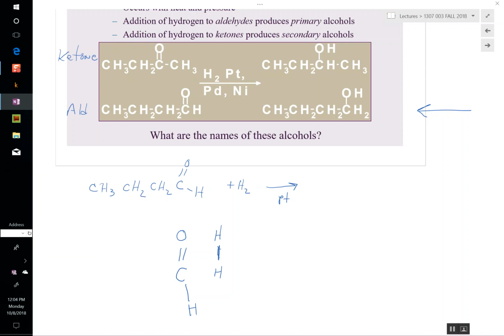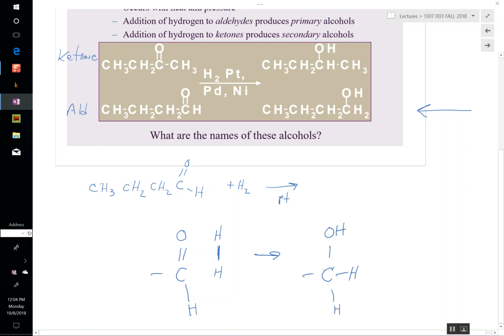And so each one of these atoms gets a hydrogen, and we eliminate that double bond right there. We keep that one bond, but we eliminate that bond. So what happens? We get an OH there, and we get an H there.